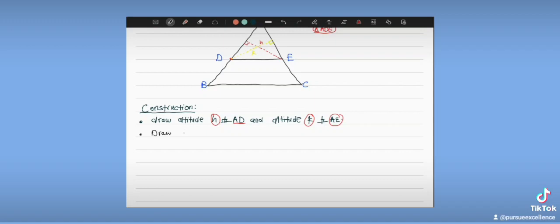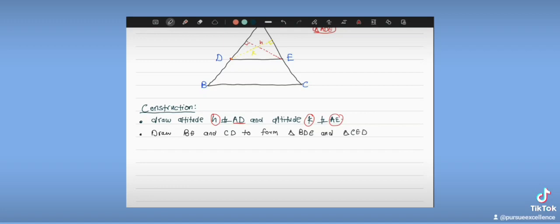Under construction, number 2, I need to draw BE and CD to form triangle BDE and triangle CED.